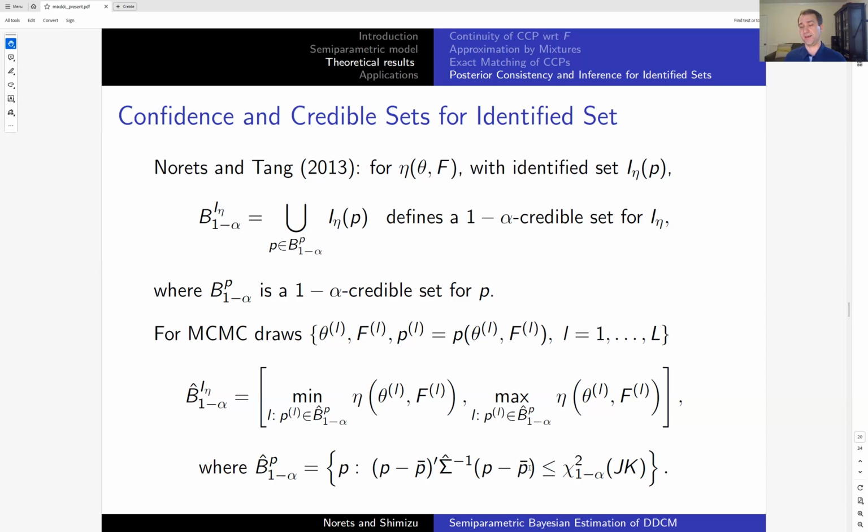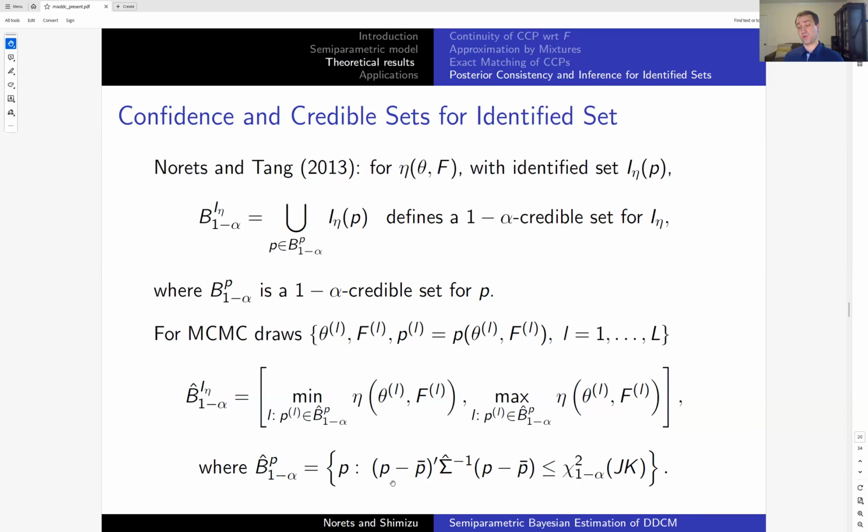So we'll compute the mean for p and the variance-covariance matrix, and asymptotically we have the critical value chi-squared 1 minus alpha with degrees of freedom equal to the number of components in p.